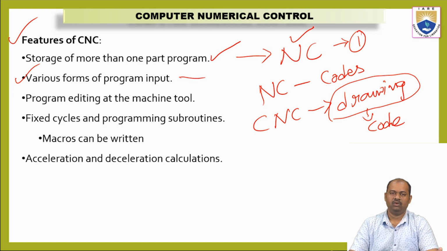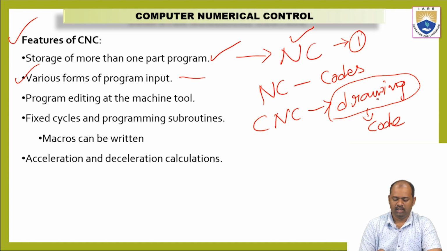We can simply give the drawing from any drafting software like AutoCAD or CATIA, drawing the object with the required dimensions. This can be fed into the CNC machine so that it will convert the drawing into code, and that can be used for working of the machine.